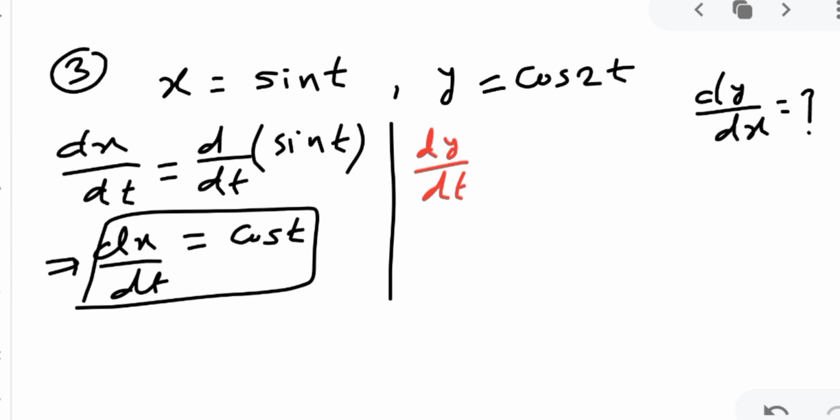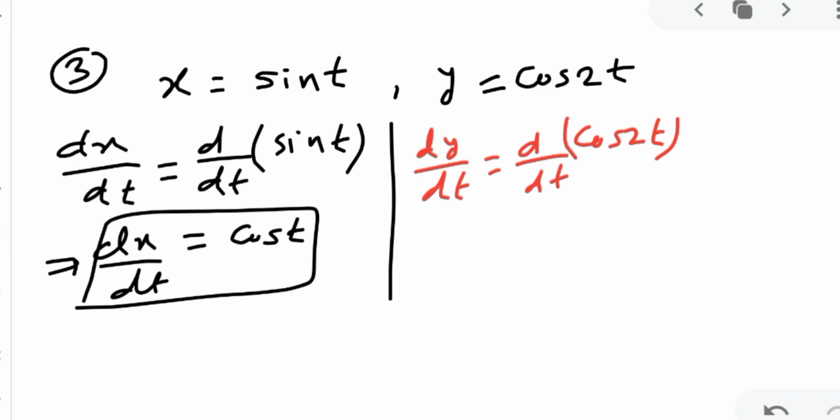Now I will find dy upon dt. So dy upon dt will be the derivative of cos 2t with respect to t. Here we will use the chain rule, which I explained in the previous videos.